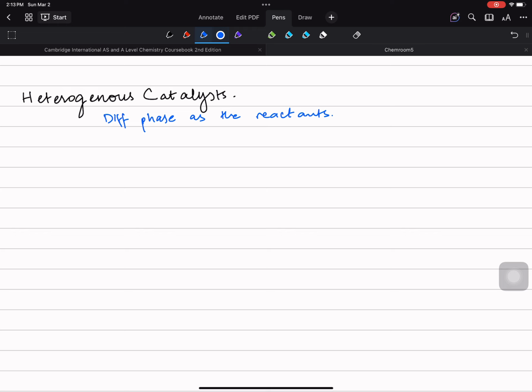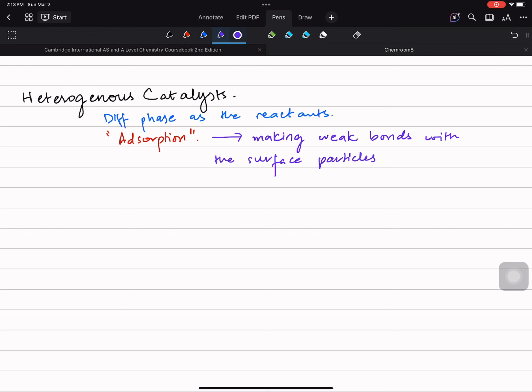We have had good examples of how heterogeneous catalysts appear in our syllabus. We will be talking about this important phenomenon called adsorption. It starts with letter A and then D for doctor. Adsorption basically is the main phenomenon, and it means making weak bonds with the surface particles.